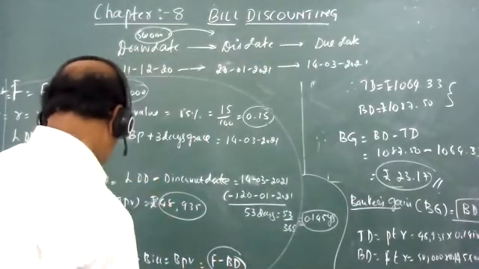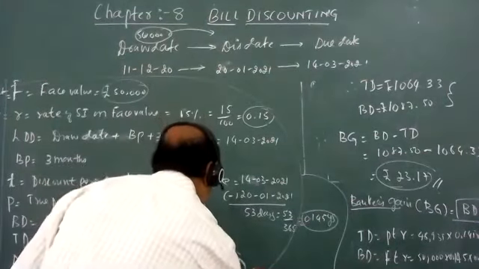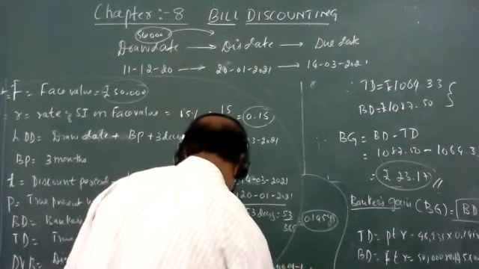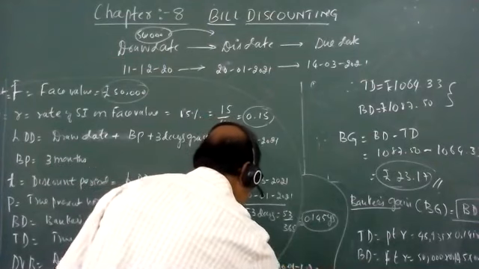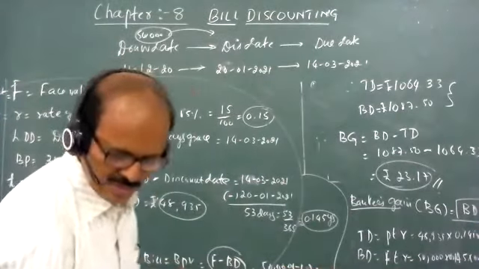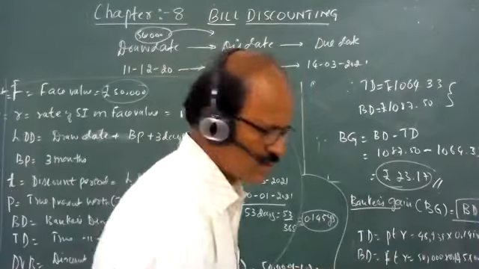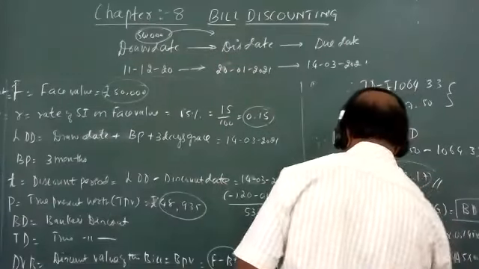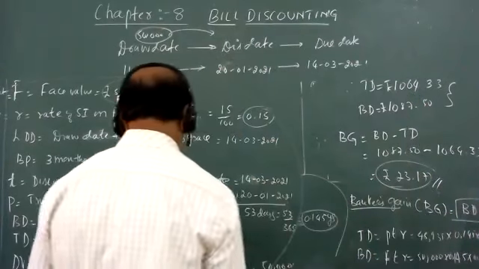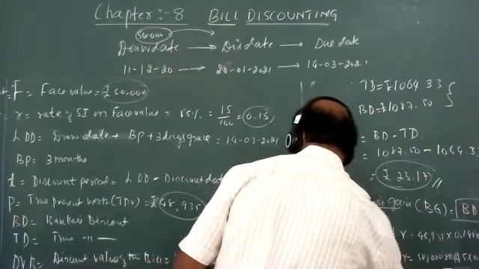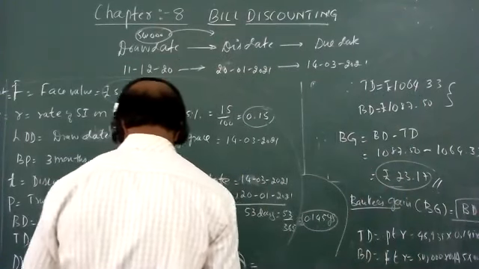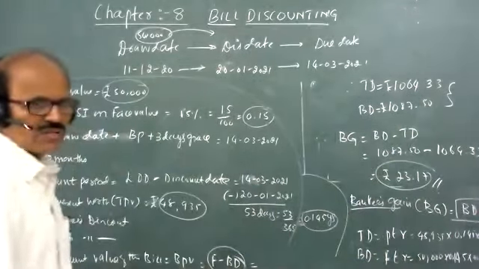So you will get the amount 50,000 minus 23.17. So banker's present value, you can calculate very easily.